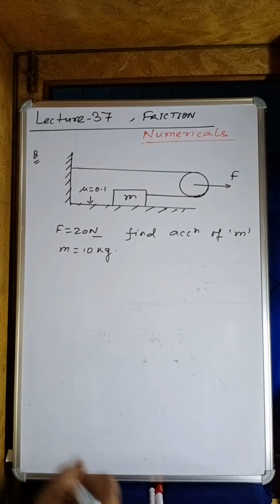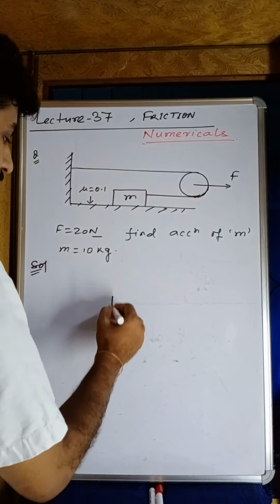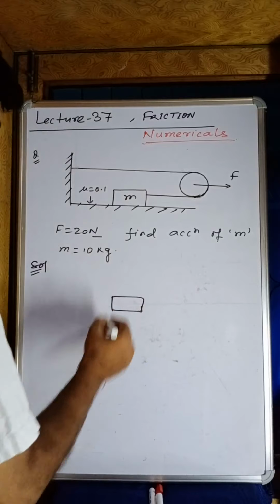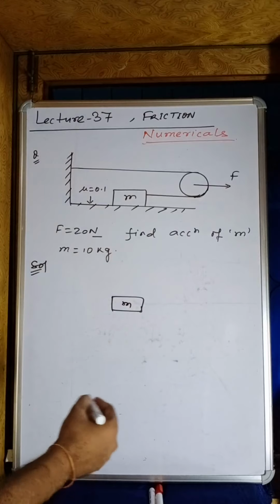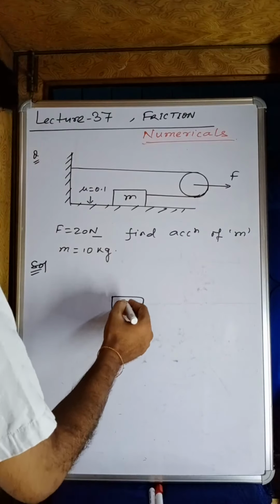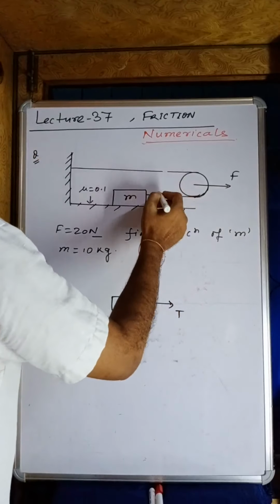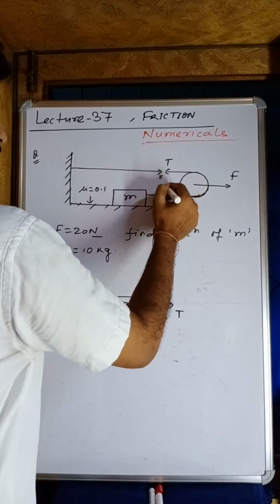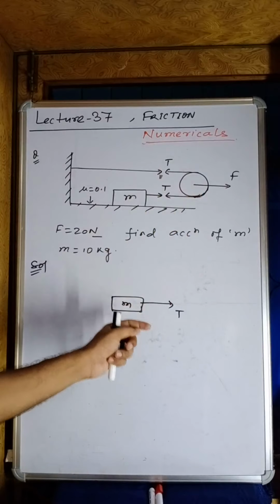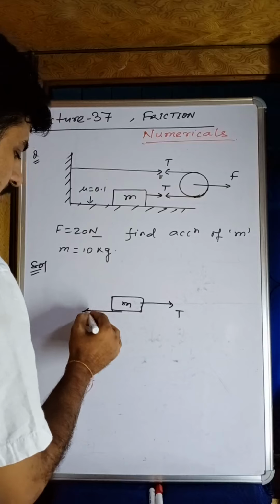So let me solve this question, my dear students. Here first we have to see, for this body of mass m, how much friction force it can apply for static friction. Let me draw the free body diagram here: tension T. If this tension T tries to pull this mass as a driving force, of course there will be a friction force F in this direction.